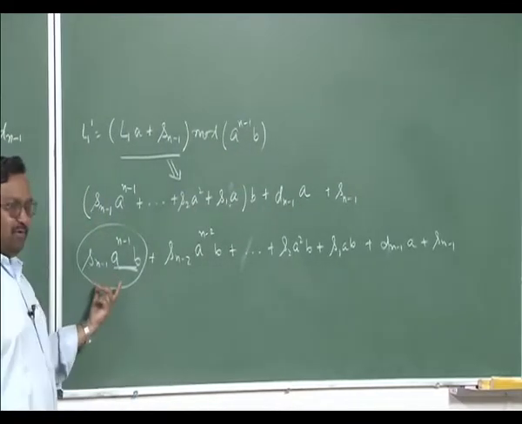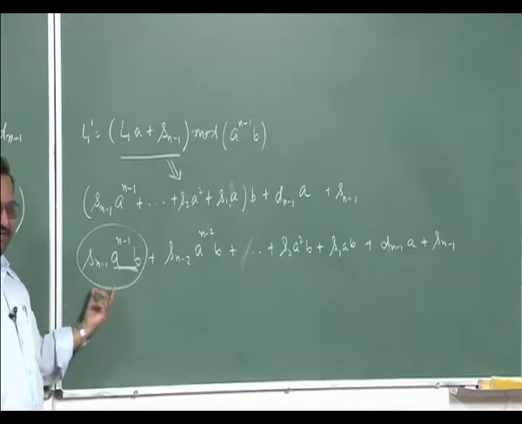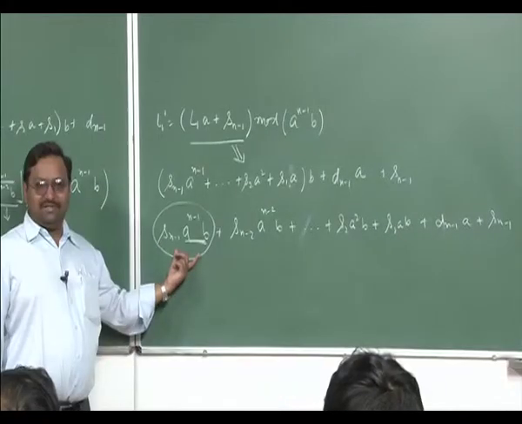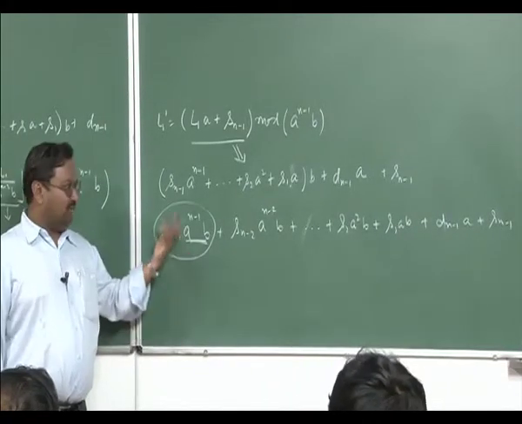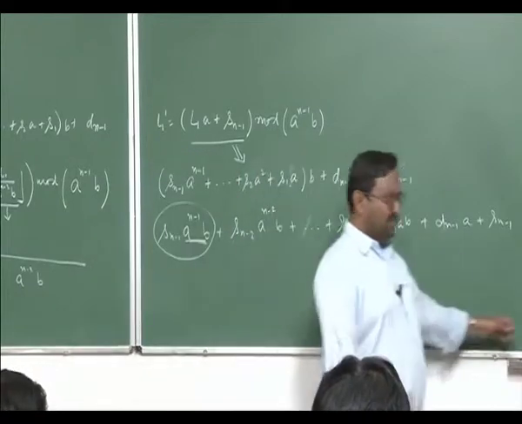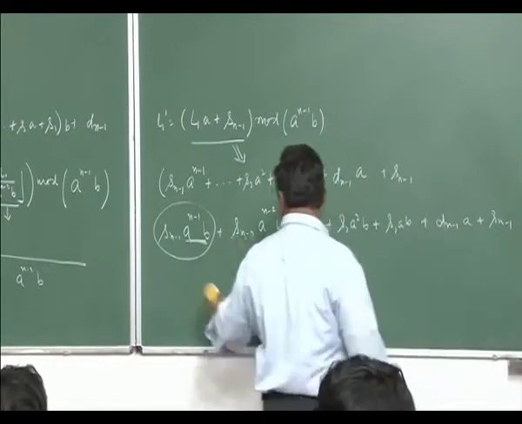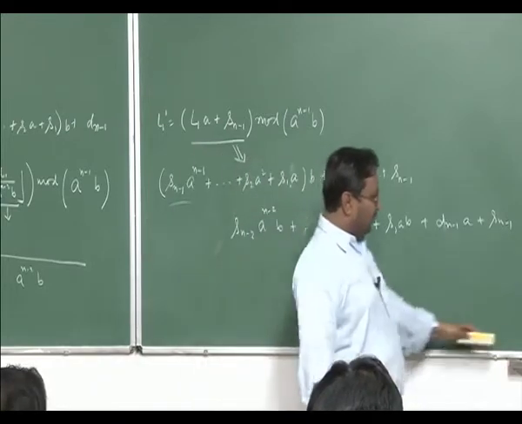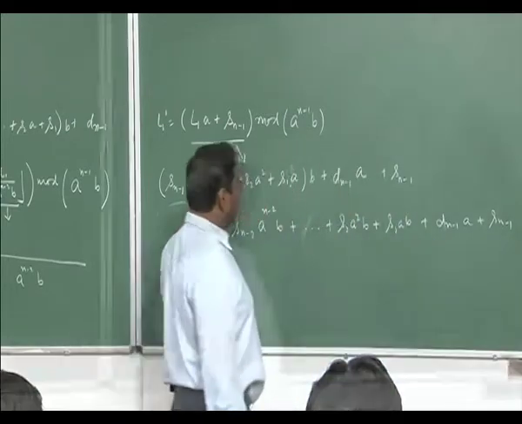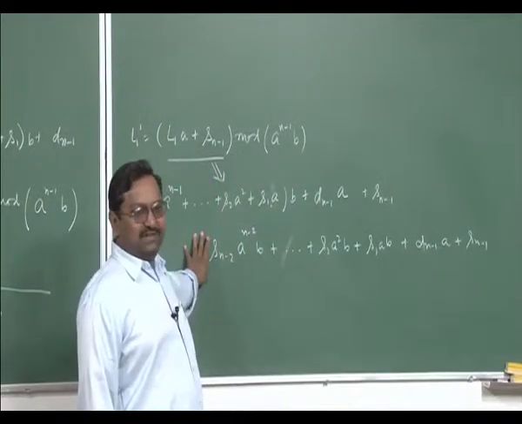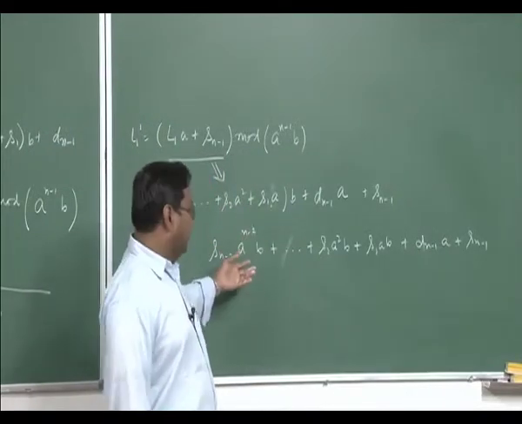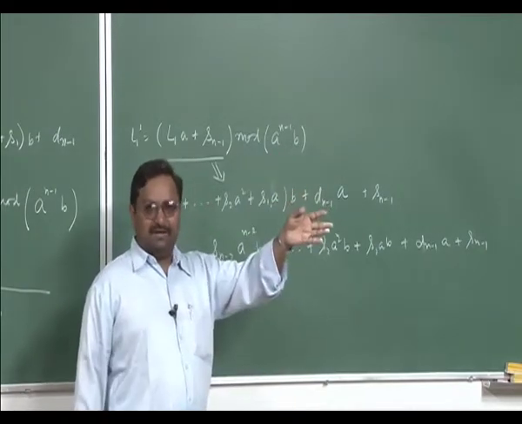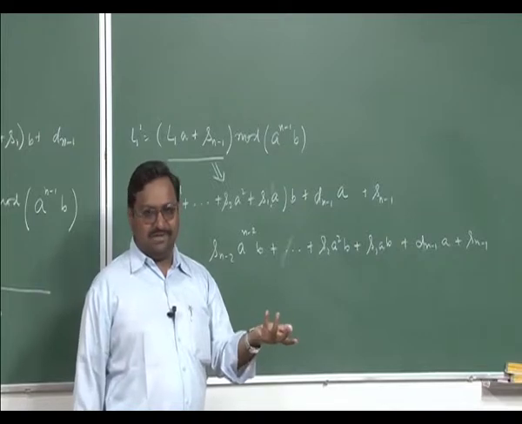So when I do a modulo operation, when I divide by this thing, then I will get an integer. So this has to be removed. So I can forget this and live with the remaining stuff. So I have done the modulo. I have to only now check if this is greater than a raised power n minus 1b. So whatever is, this can probably be written into some integer multiplied by a raised power n minus 1b plus some k. So I just want to find out that k actually.